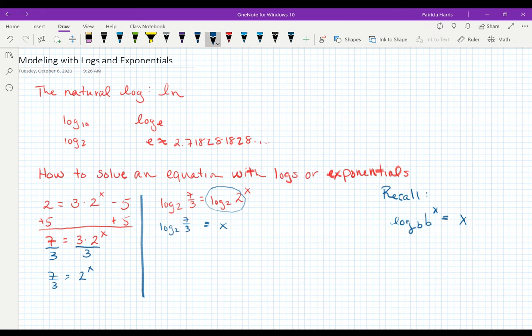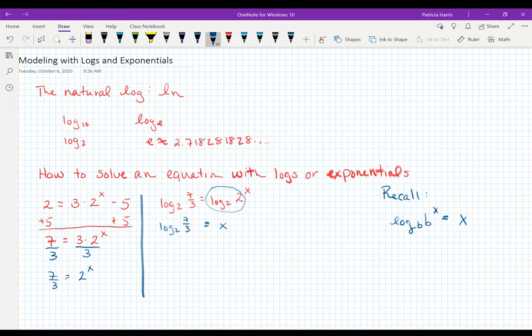Depending on the calculator that you have, you may have a calculator that will automatically do something called change of base for you, or you have a calculator where you actually have to do change of base, because most calculators just have log base 10. My calculator has log base 10, so I actually have to do what they call a change of base.